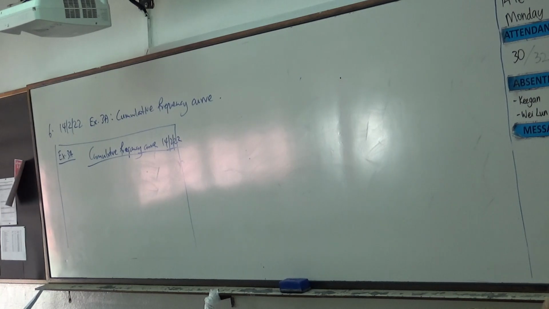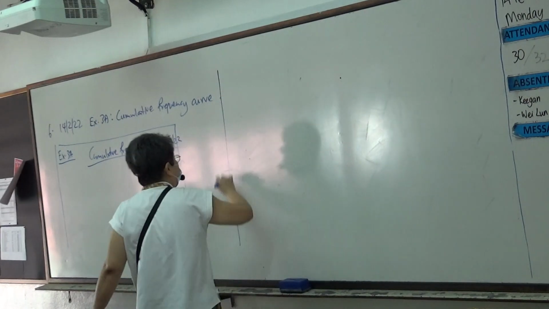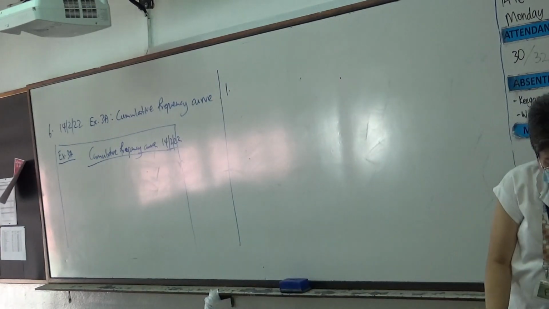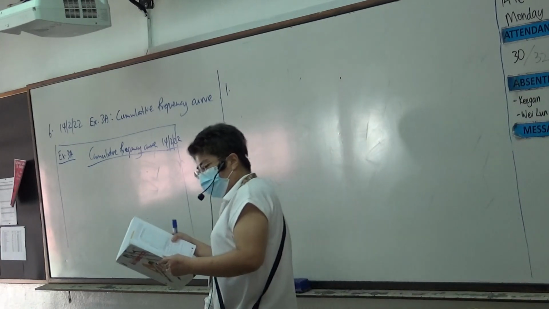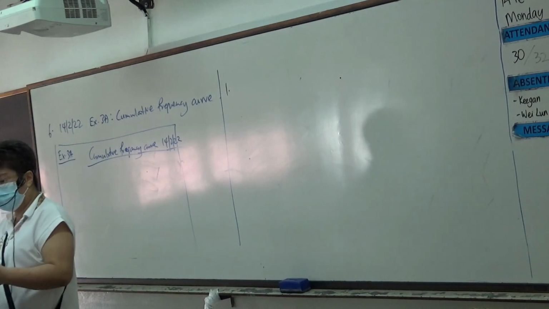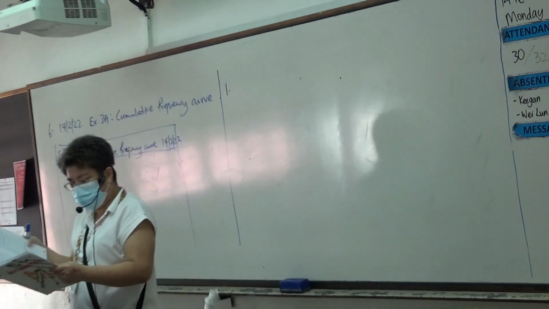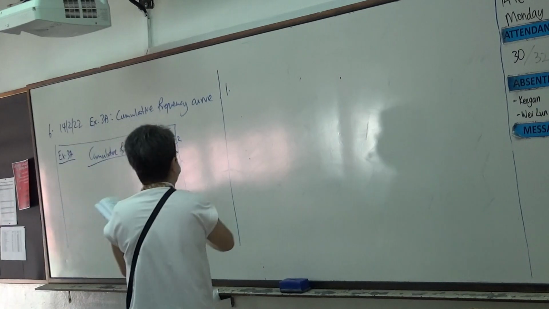Okay, first of all, I want you to look at exercise 3A, question number 1. Okay, let's look at question number 1. 120 students took a mathematics examination and their results are shown in the table below. Construct a table of cumulative frequencies for the given data.